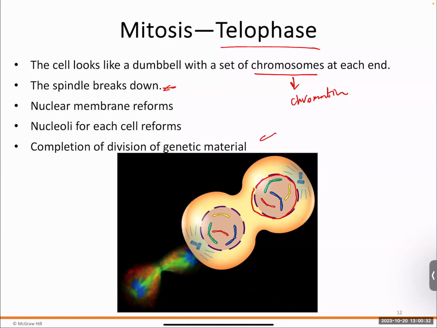Now, at this point, you are done. Genetic information has been divided between the two cells. All I need to do to finish the process is separate the plasma membrane and create two identical daughter cells. If you guys note here, you do have these invaginations happening right here, which is part of the process of the cell cycle.